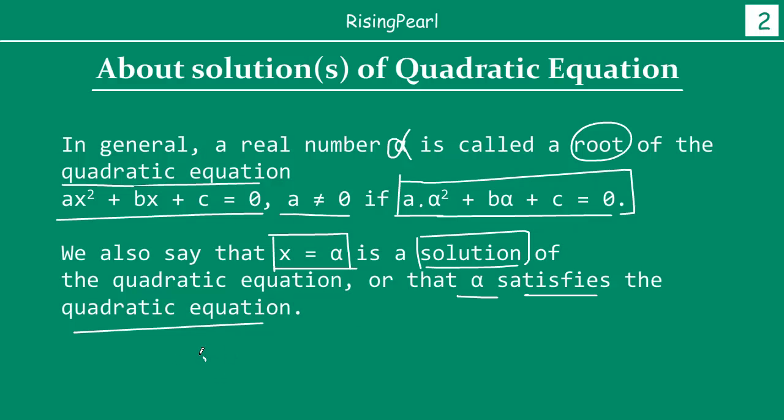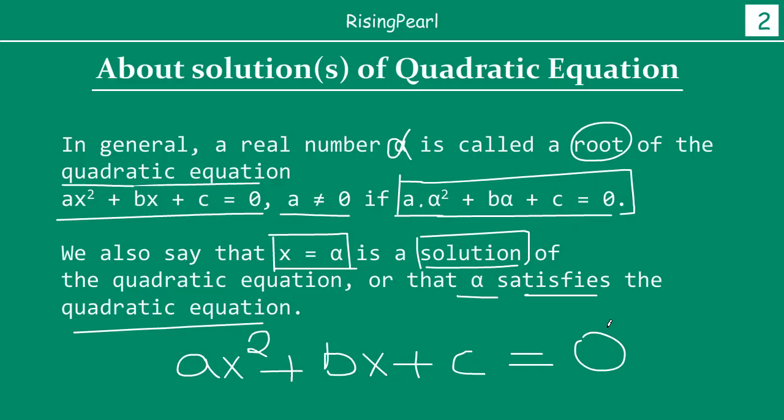So basically what it says is, if we are given a quadratic equation ax squared plus bx plus c equal to 0, and we find a value x equal to alpha such that when you put the value of alpha in place of x, a alpha squared plus b alpha plus c indeed is 0, that is, the left hand side becomes equal to the right hand side, that means this is a solution of this equation, and we also say this is a root of the equation, right?